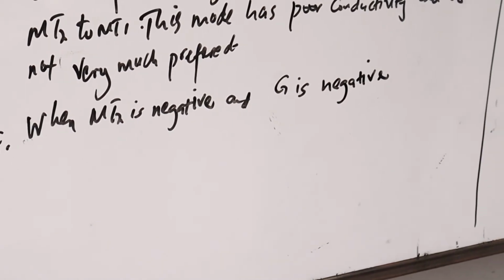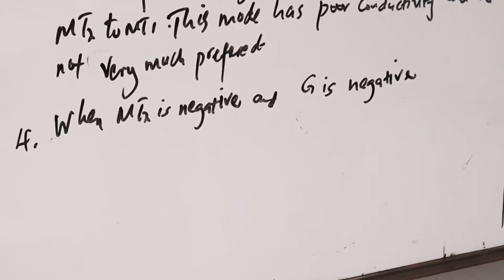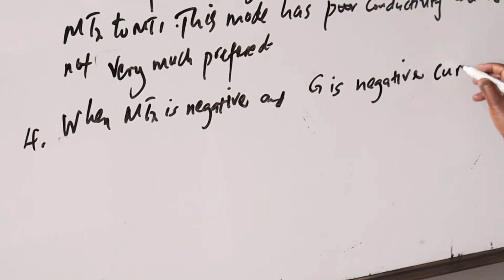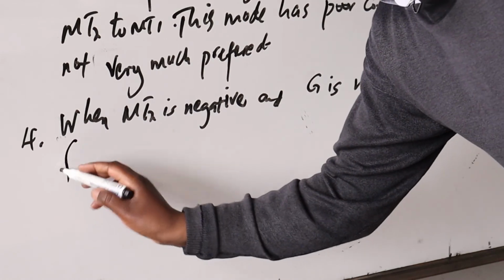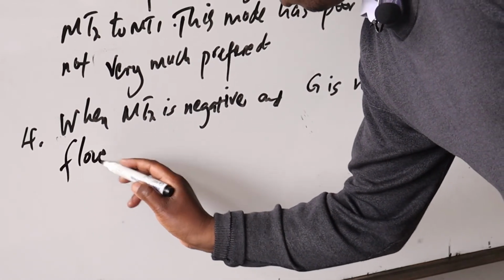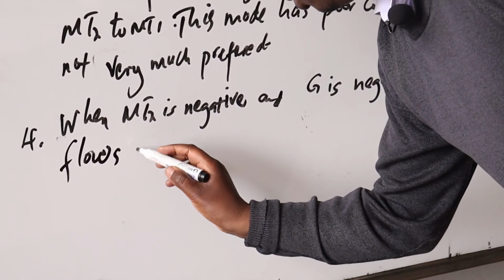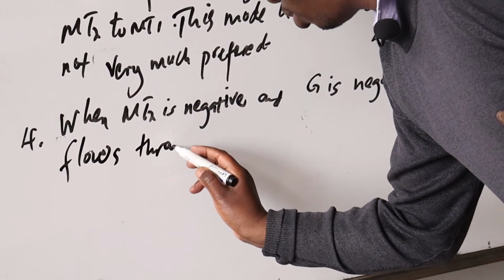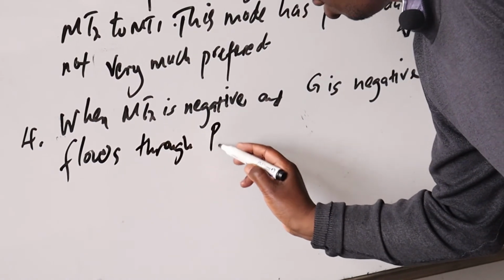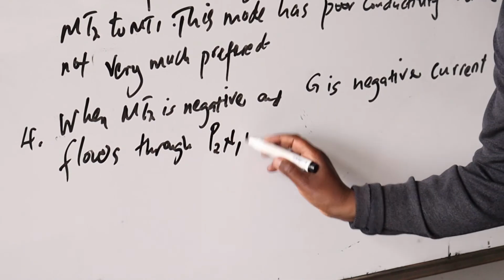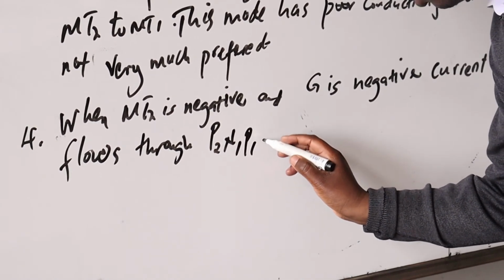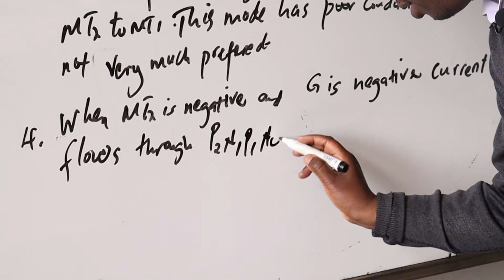The current flows from P2N1. Current flows through P2N1, P1N4.